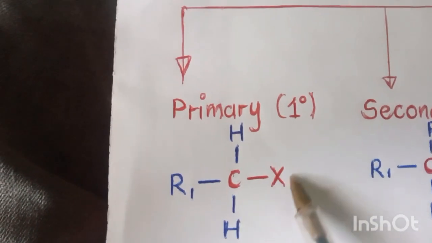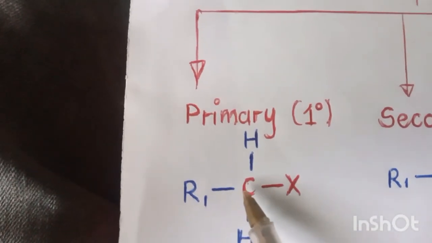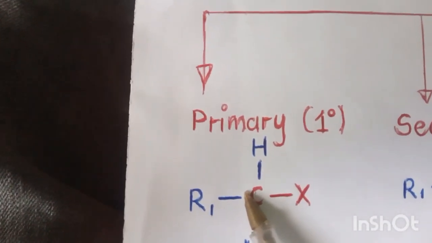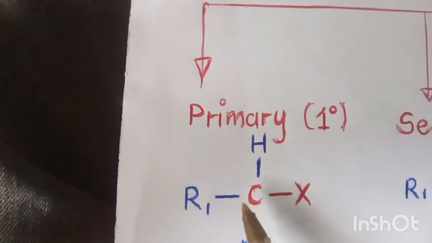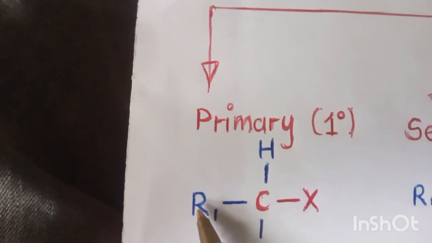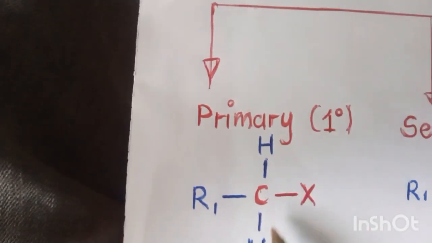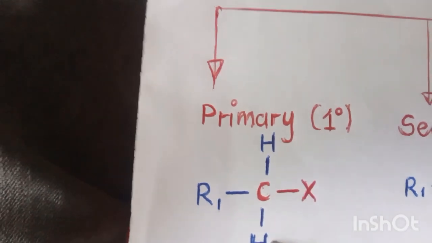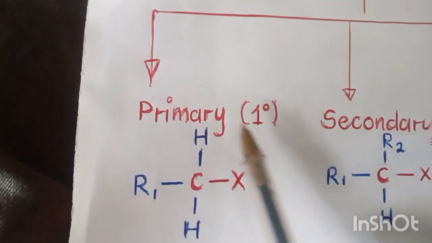When we have a haloalkane in which the carbon atom that is directly bonded to the halogen atom is bonded to only one alkyl group or to two hydrogen atoms, this type of monosubstituted haloalkane is known as a primary haloalkane.